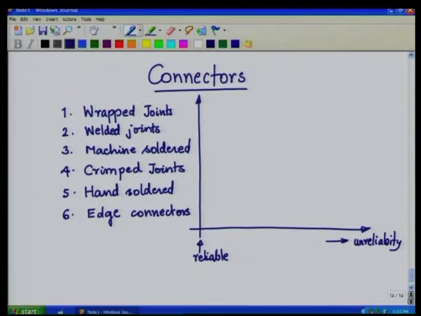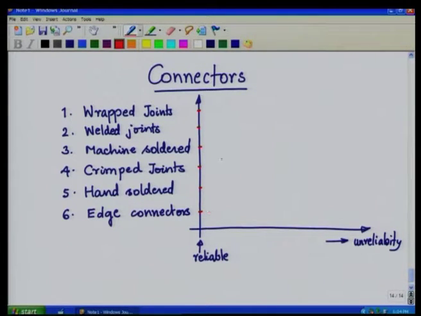Now, if you look at these connectors, the common connectors that you would encounter in almost all the PCBs, look at what is the reliability relatively.